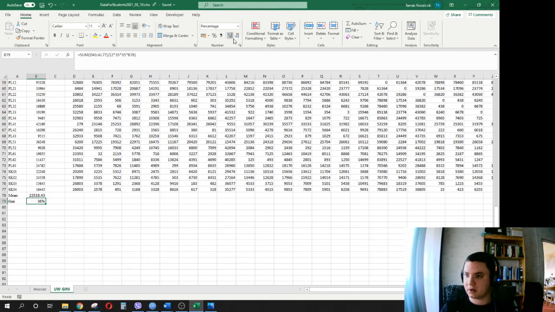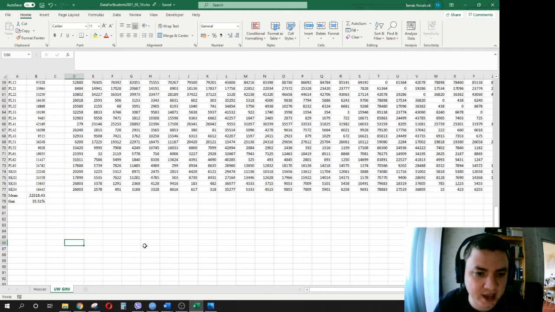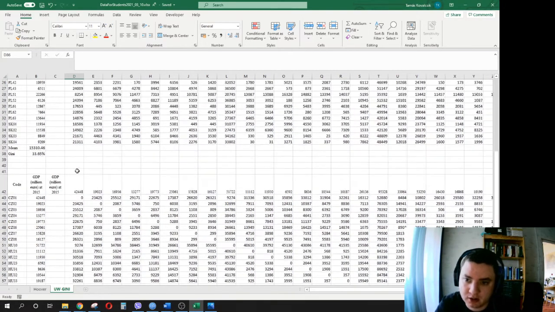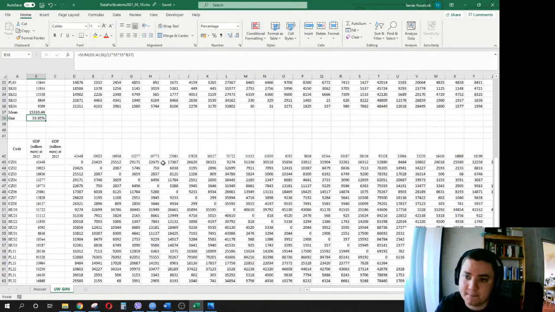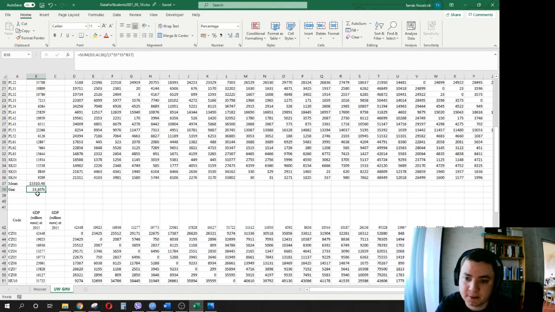Okay, so we have an increasing Gini in the GDP, but this means that 1/3 of the average is the average difference between the values.